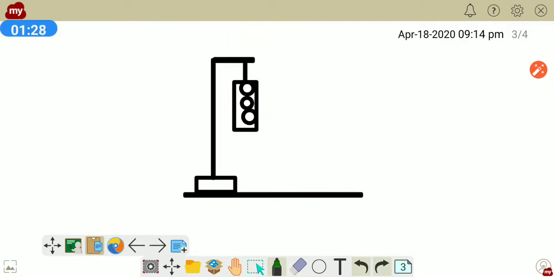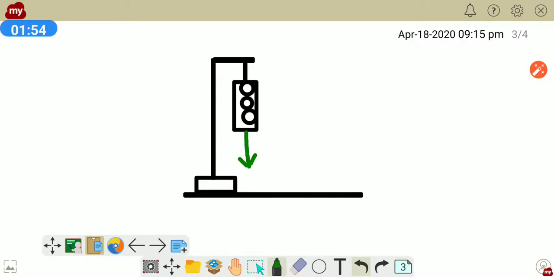Right? This lamp will definitely have some weight, and that weight will act in the vertically downward direction like this. With the weight being applied downward, the lamp has to fall down. But this is not happening. Why is this not happening?